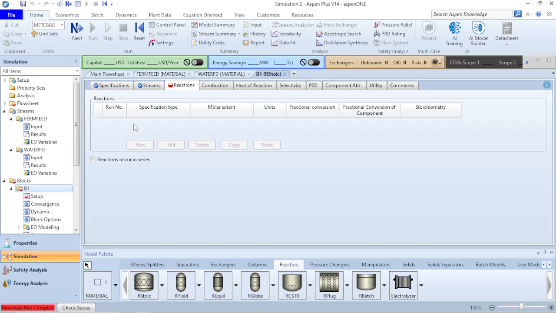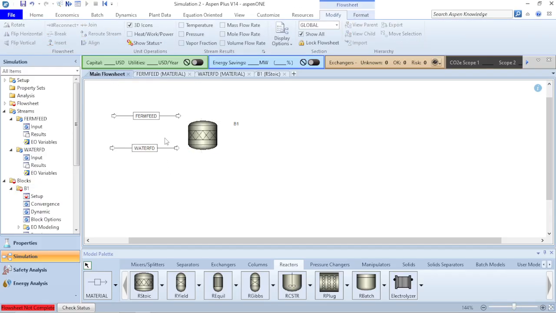So at this point, okay, I need to put my, not connected this yet. So I need to connect them. 1, 2, let's align this. Okay.